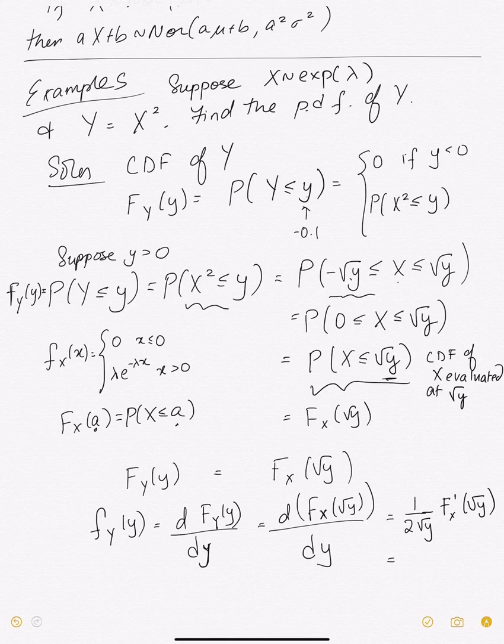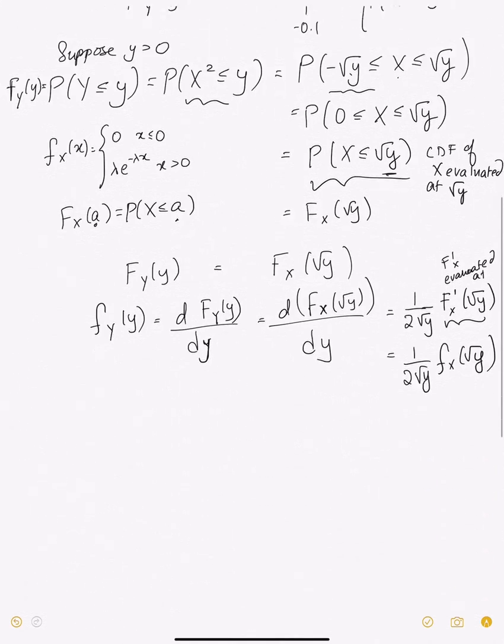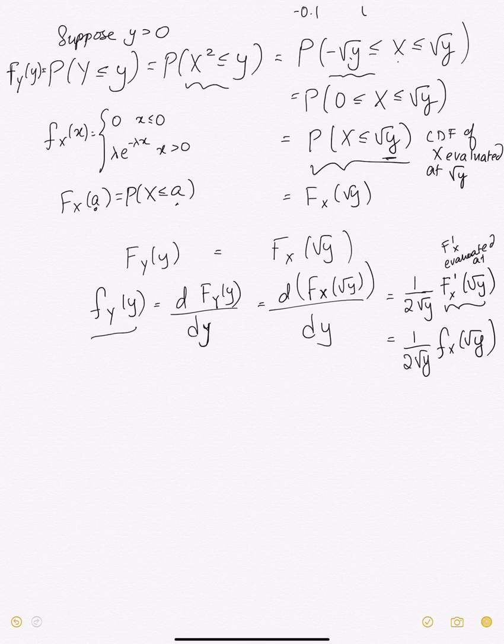So that is just exactly 1 over 2 square root of y, and the derivative of the CDF of X is the PDF of X. And so you have that the probability density function of Y is given by this.